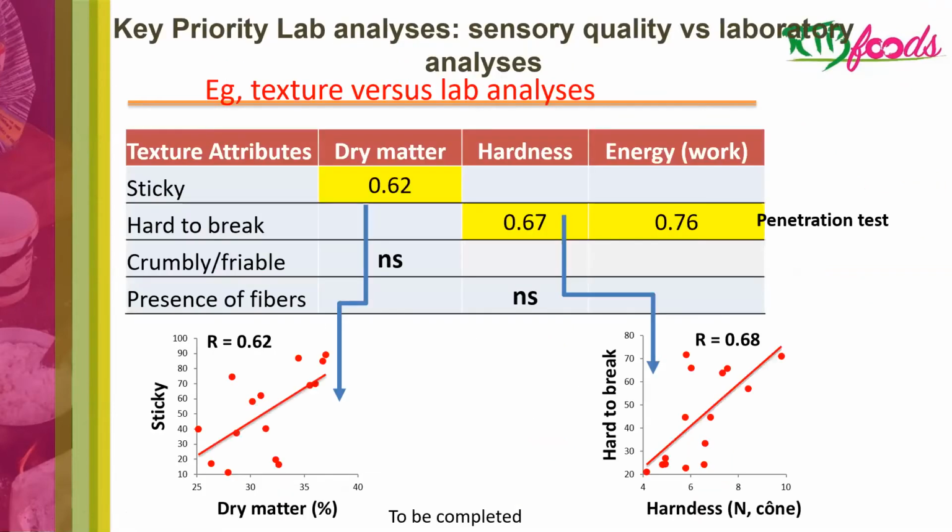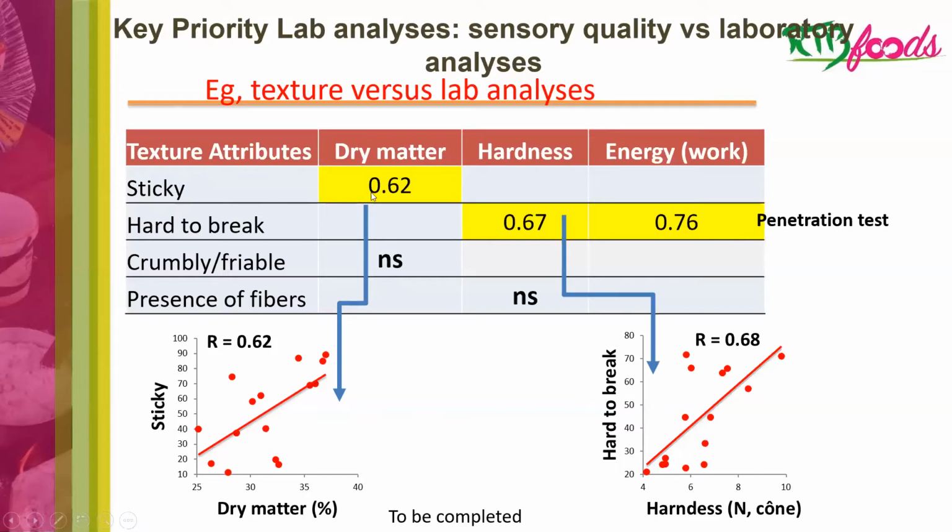Now, when we cross sensory quality versus lab analysis to select the key priority robust analysis, we saw some instrumental or biophysical parameters are correlated with sensory attributes.